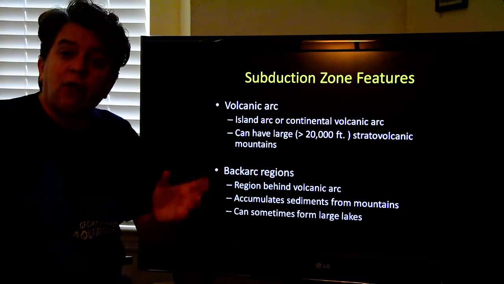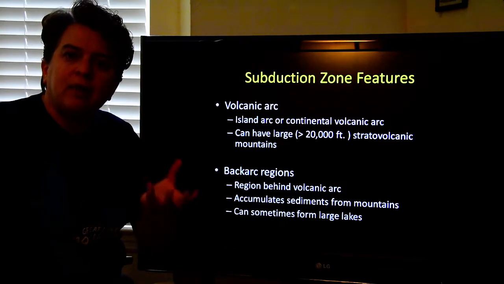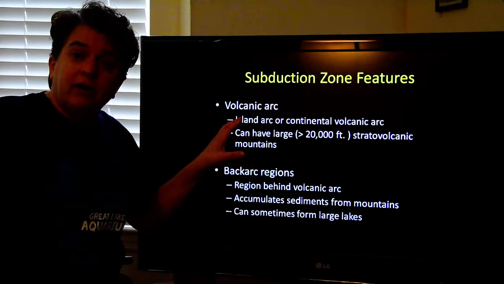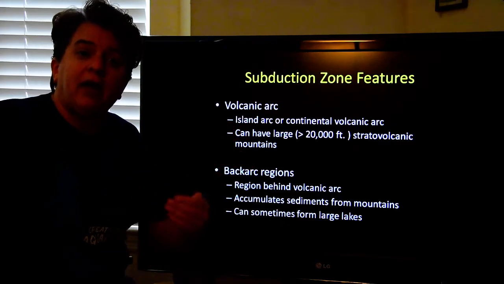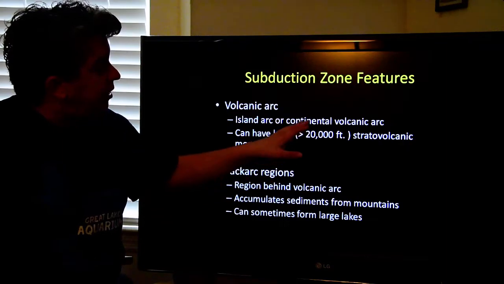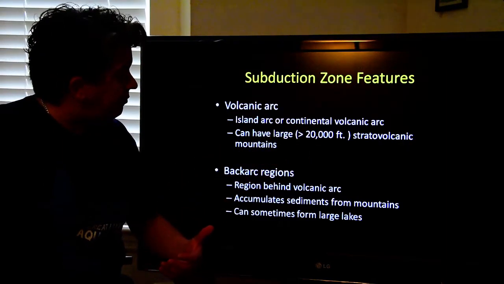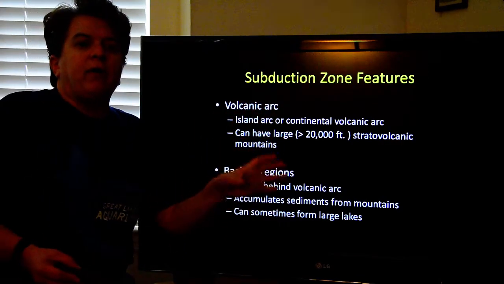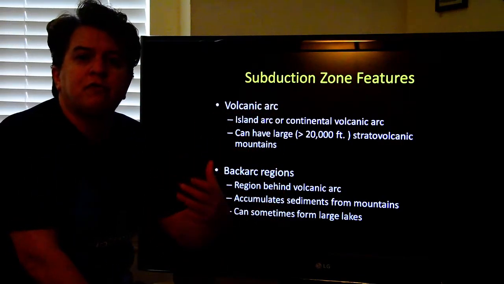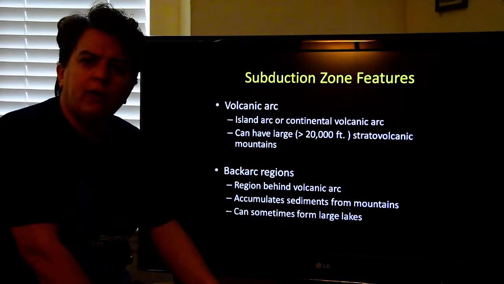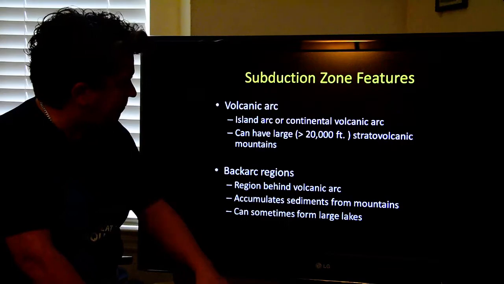Then we reach the volcanic arc, that volcanic mountain range. And this might be a chain of islands called an island arc. That would be like Japan or the Aleutian Islands. Or it might be a continental volcanic arc, like the Cascades or the Andes. And this is where you're going to have large stratovolcanoes, right? The big, tall, snow-capped volcanic mountains.